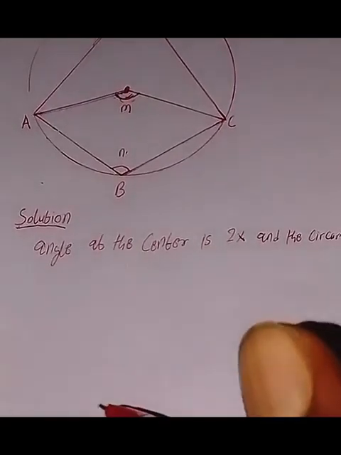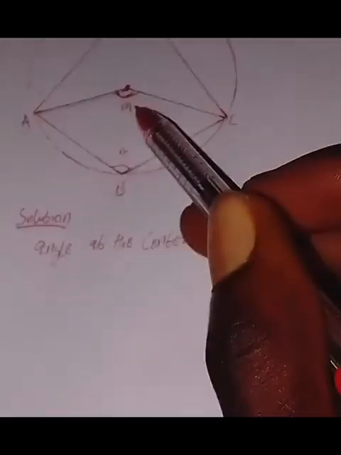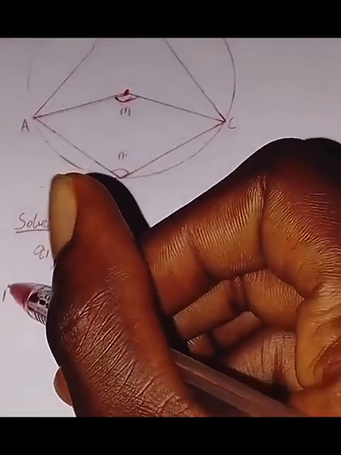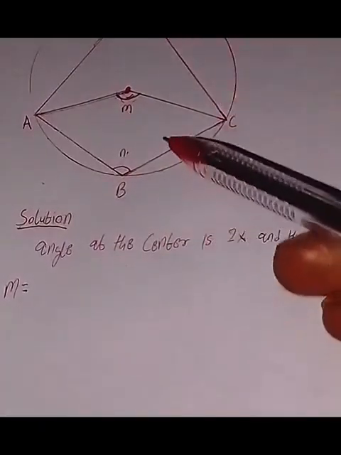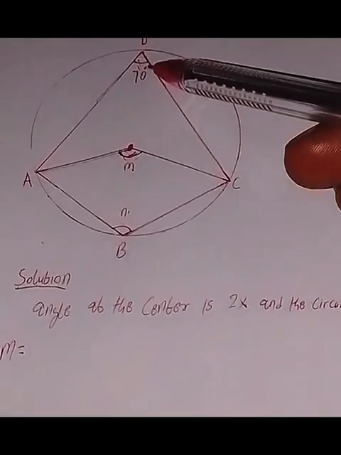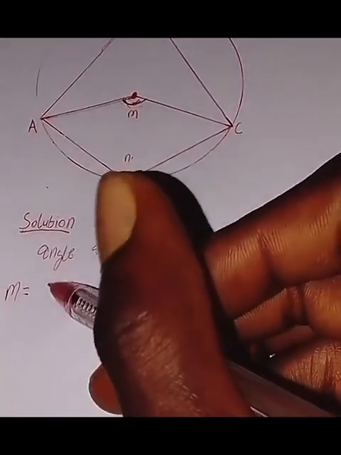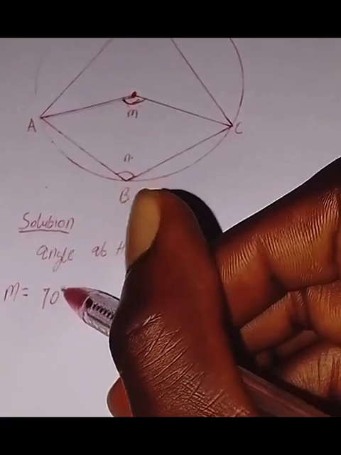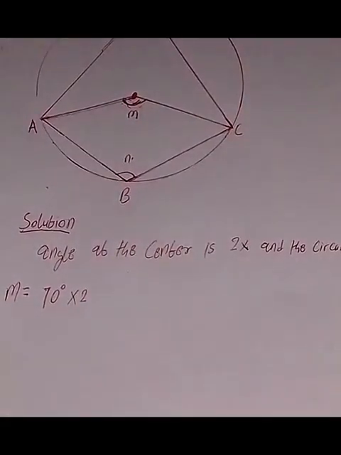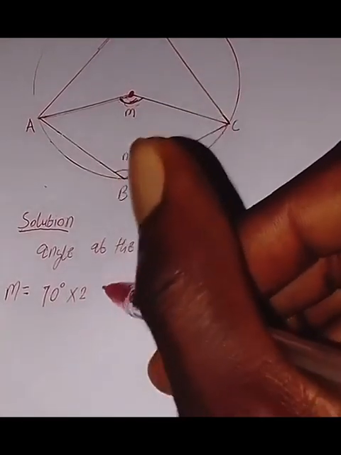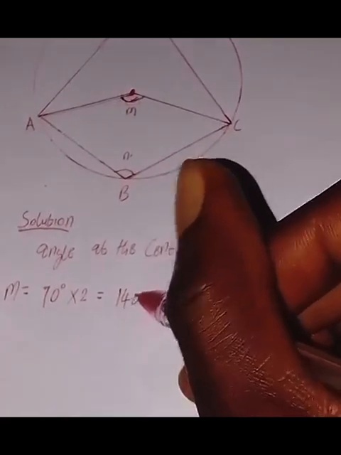This angle AOC, which is M here, M equals what? 70 is half of M here, so it means 70 degrees times 2. That will give us 140 degrees.